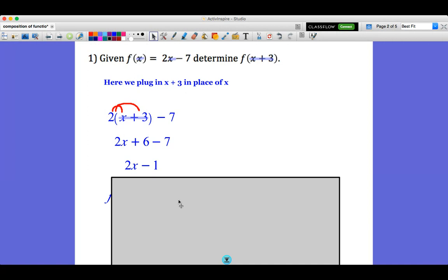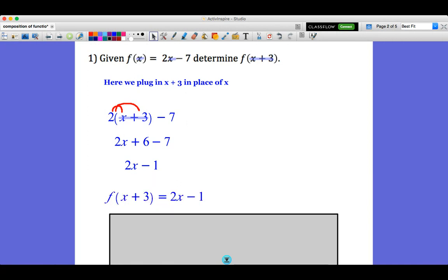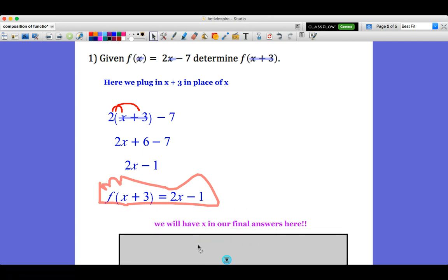So this one we would get 2x minus 1. Our final answer is f of x plus 3 is equal to 2x minus 1. And just a note, like we said at the beginning, you will have x in your final answer. So our final answer is f of x plus 3 equals 2x minus 1, nothing else. You're done with that one.